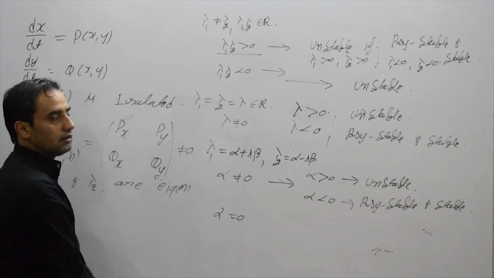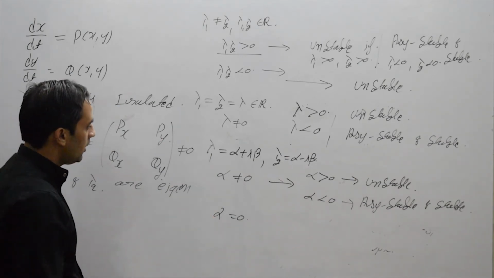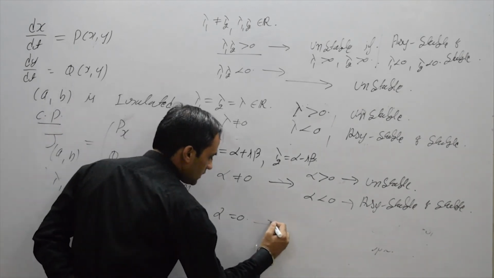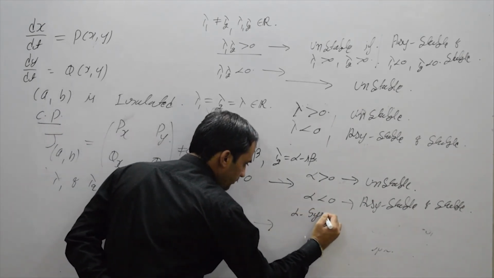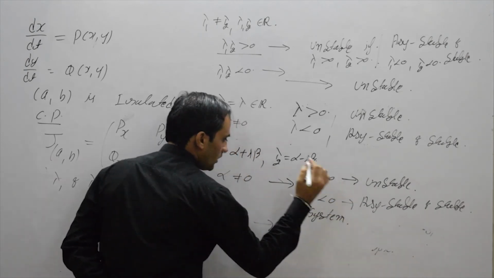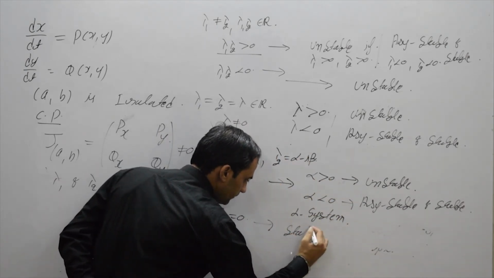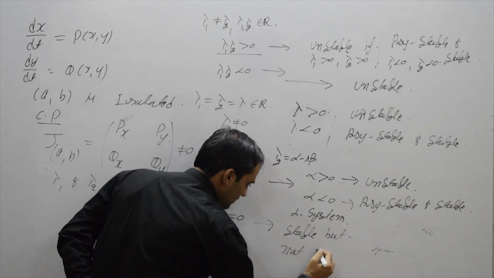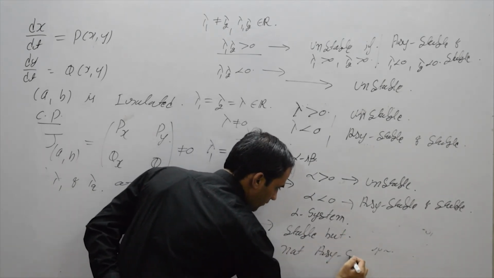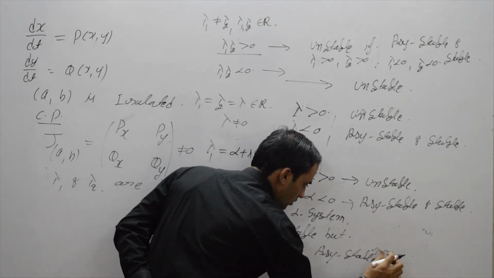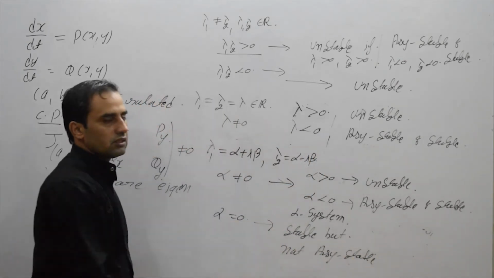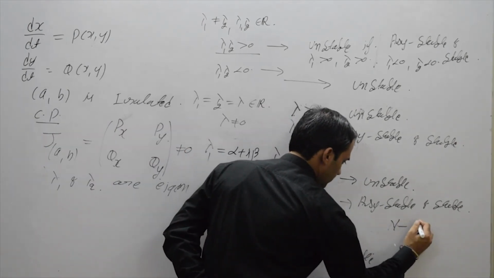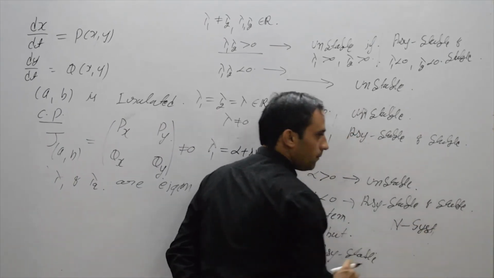There is a change whenever roots are complex but purely imaginary. In this case, for a linear system, the critical point is stable but not asymptotically stable. This is valid for a linear system. And for a non-linear system, it can be anything.